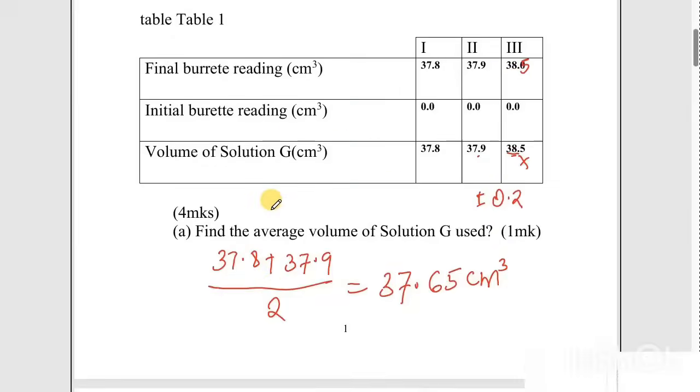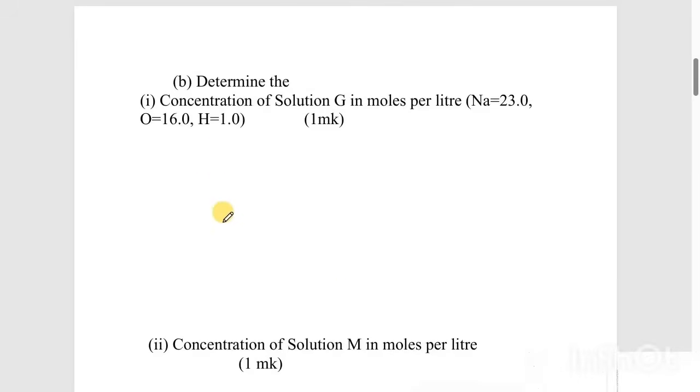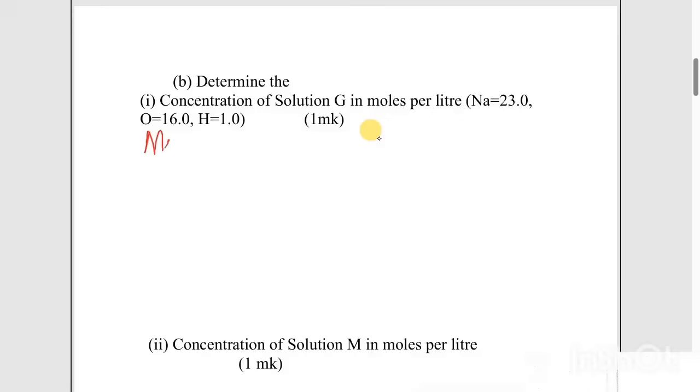So we want to calculate the molarity, the concentration of solution G in moles per liter. Moles per liter means molarity. Molarity is the number of moles in a liter. So whenever you are asked the concentration of a solution in moles per liter, always that one is molarity.